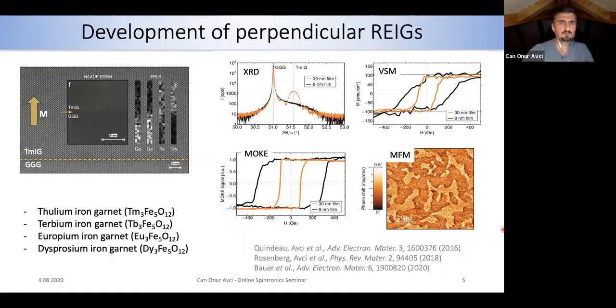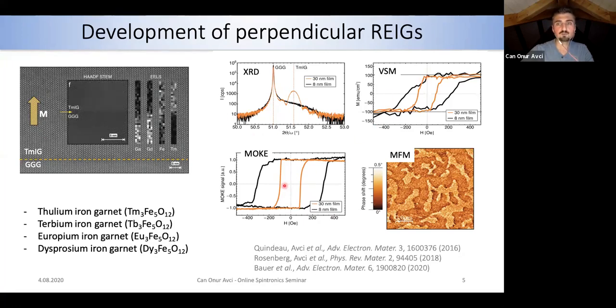I'm not going to go through all the details, but as you can appreciate, the thulium iron garnet is grown on top of a GGG substrate, and you see it's a perfectly epitaxial growth, a single crystal structure, which is also appreciated in the XRD graph. Thulium iron garnet is slightly strained, and that strain gives rise to a magnetic anisotropy out of the plane, which is very good for us.